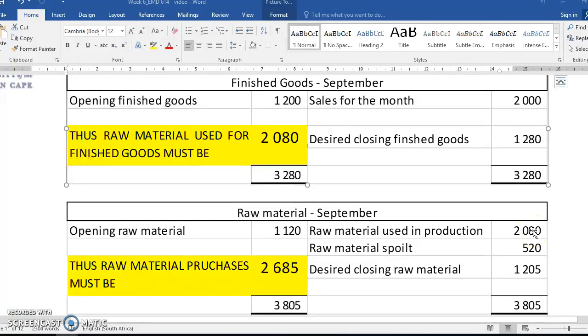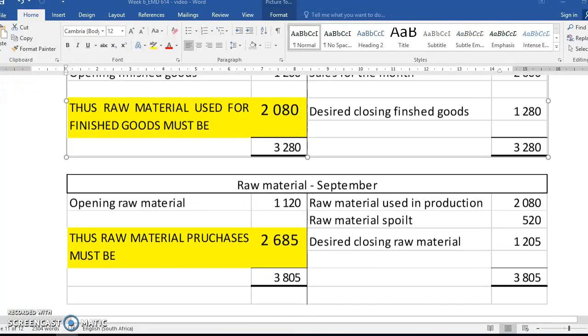In other words, the total raw material used was 2,600, however 520 was spoiled and 2,080 was actually used in production.